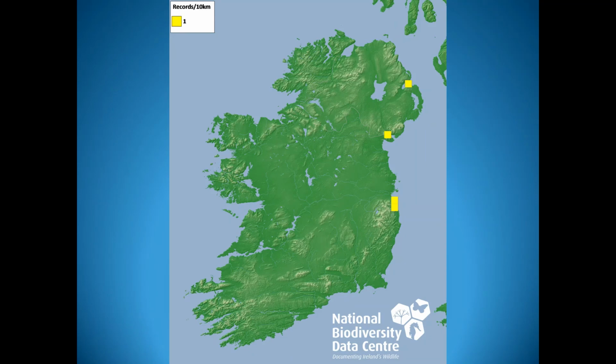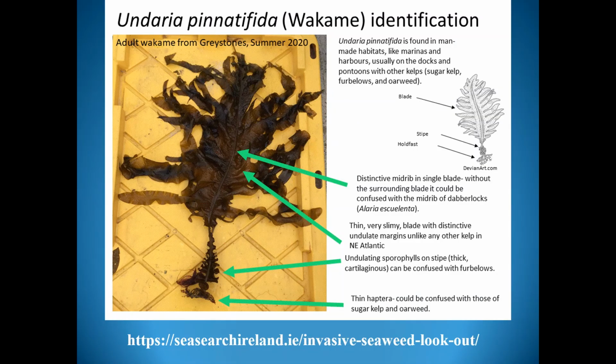It was then recorded in Carlingford Lough in 2014, and then down in Wexford in Kilmore Quay in 2016. It was then recorded in Dun Laoghaire Harbour by Seasearch divers from the Dokies Club in 2017, and then in 2020 Seasearch divers and divers from NUI Galway recorded it in Greystones. So the species is obviously either spreading or far more widespread than currently thought.